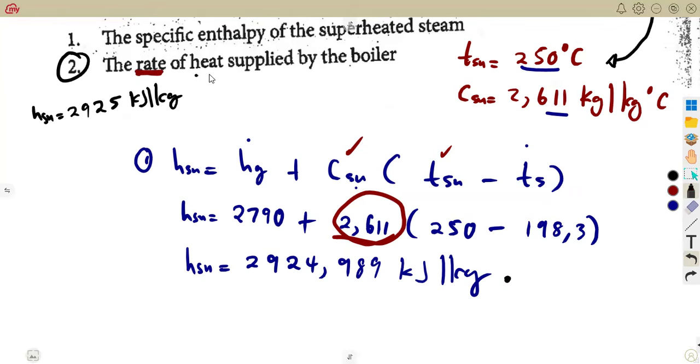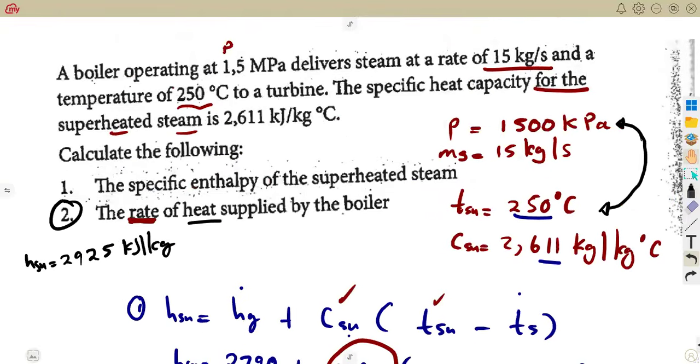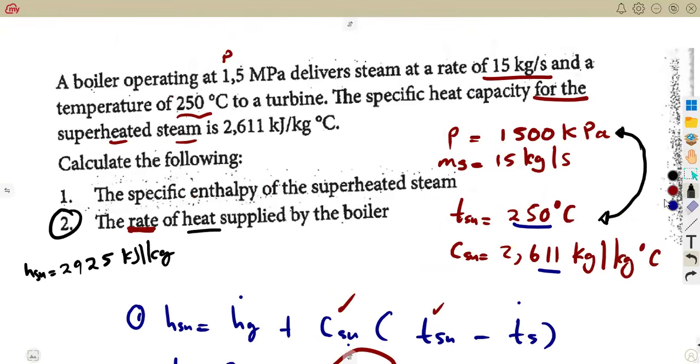So if we talk of the heat, meaning to say we are talking about Q per second, heat per second. That is the rate. Just like the mass you are given here. Remember when they gave you the mass, they said what? It delivers steam at a rate. The moment they talk of the rate of 15 kilograms per second. Per second.